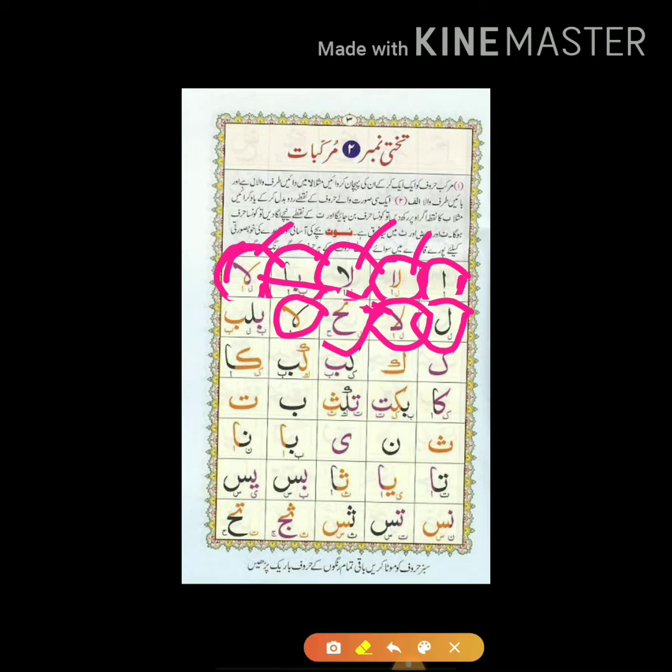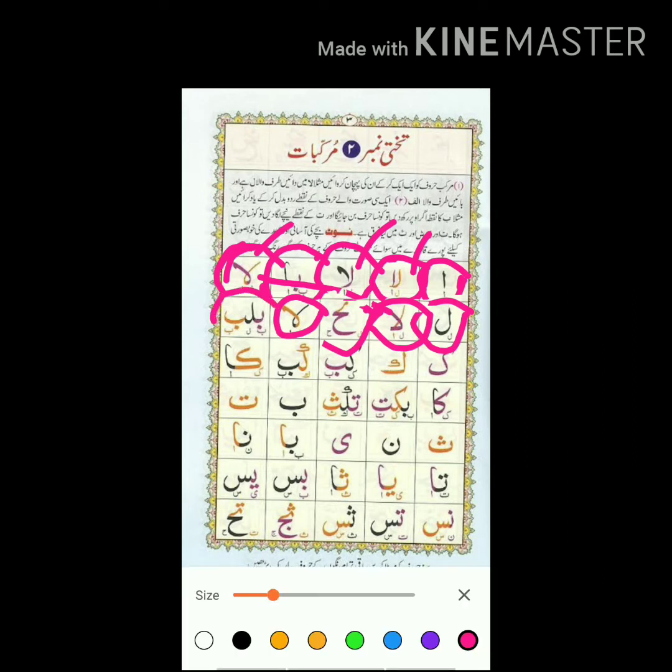Now moving to the next box, there are three letters joined together, and I think you can easily recognize these three letters. The first one is ba, because it is a boat-like shape with one dot below. Then after ba we have lam. There is a perfect shape of lam, and the third letter is again ba. So these are three letters: ba, lam, ba.